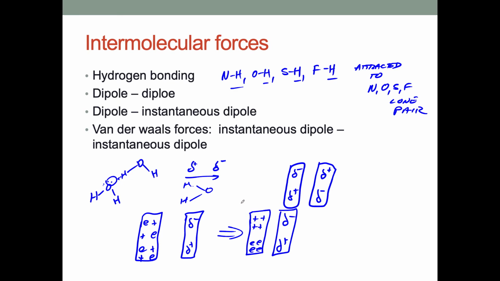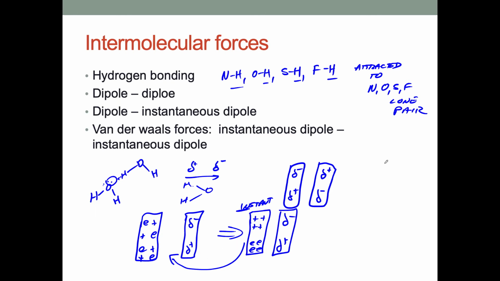So this is an instantaneous dipole. It immediately occurs, and it will remain when we have this dipole in place. Once we take the dipole away, it switches back to the original configuration, and it's fast.